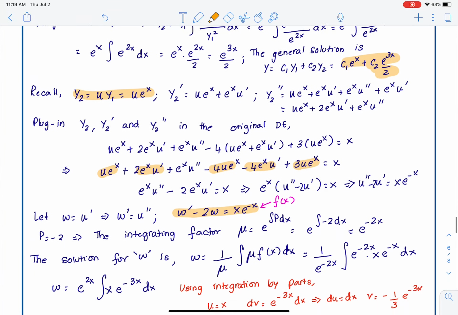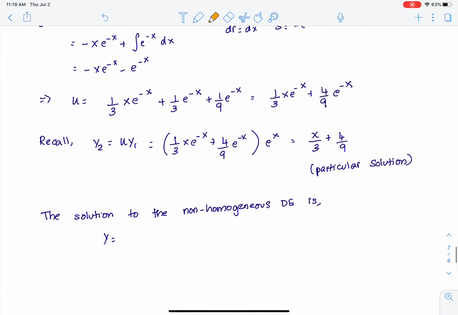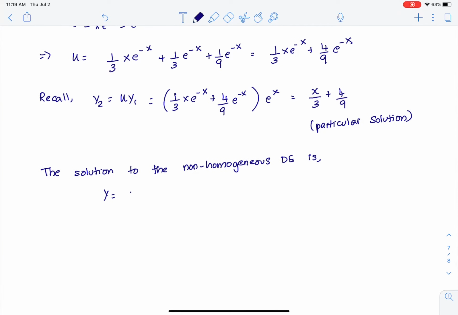So the sum of the general solution plus the particular solution, which is right there. Do not forget, for a non-homogeneous equation, the solution is the sum of the general solution and the particular solution, and that's what we have.